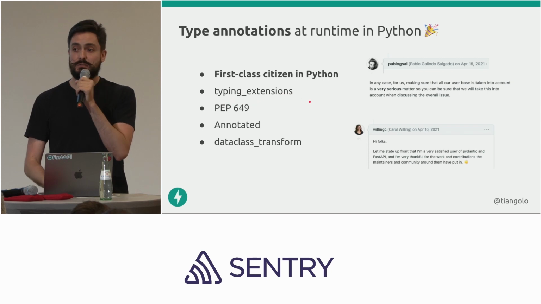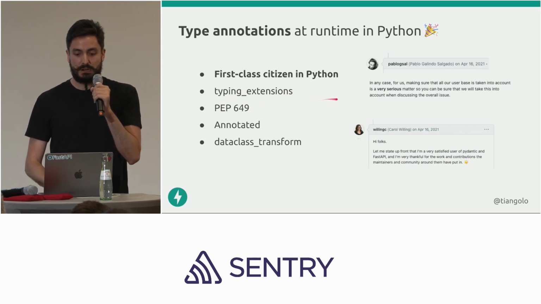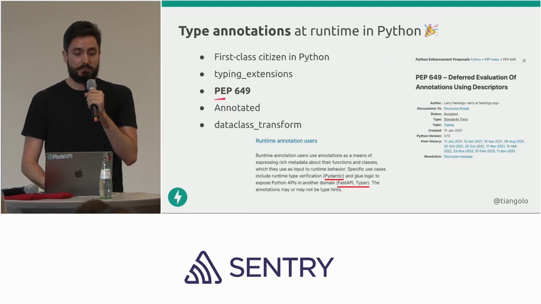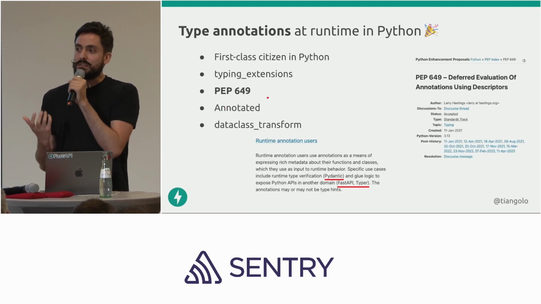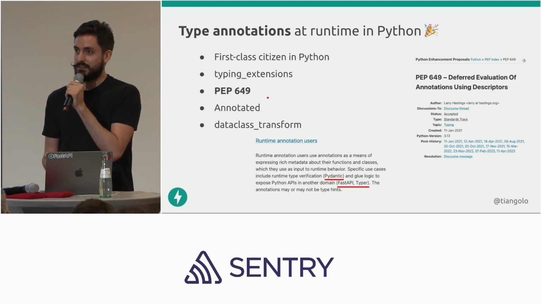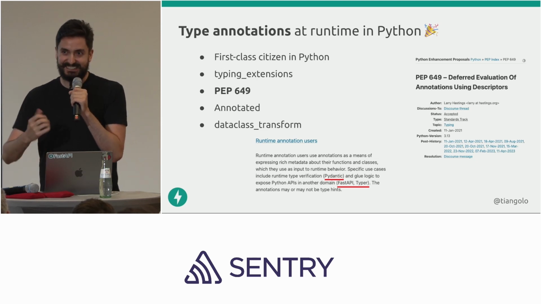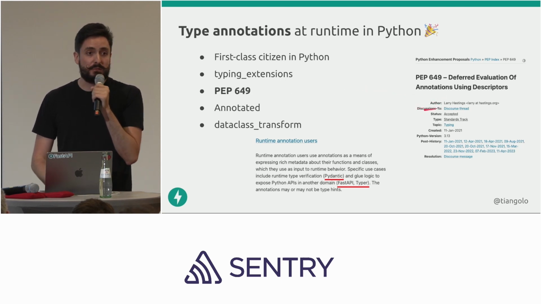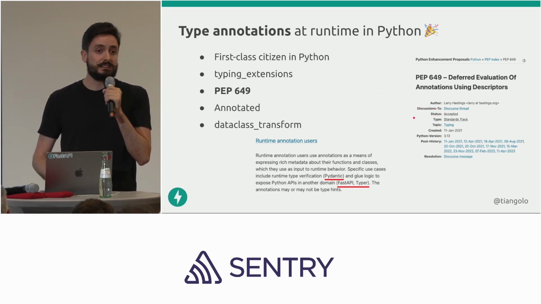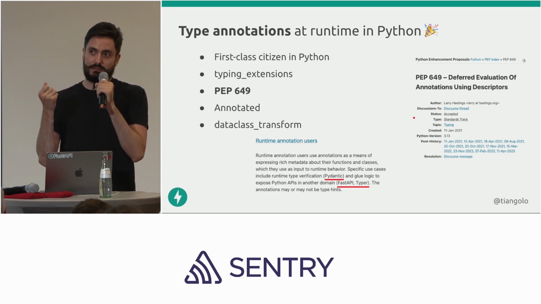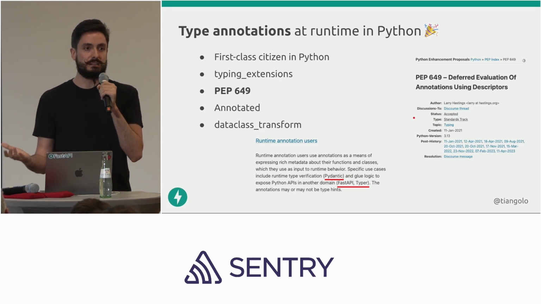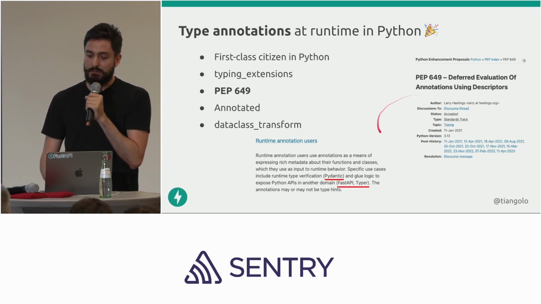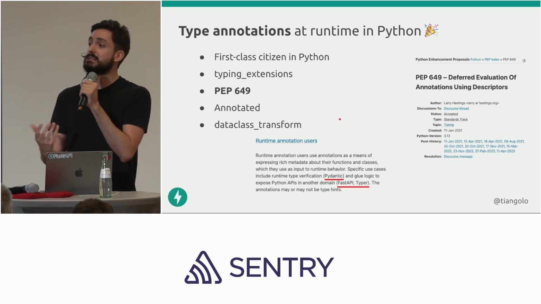We also have typing extensions that allow us to try out a bunch of experimental and new things, even in previous versions of Python. We also have PEP 649 that was designed. It was a huge amount of work done by very smart people, including Larry Hastings and Carl Meyer, very smart engineers at Meta, putting a lot of effort into making sure that we can keep doing these things in the best way possible.